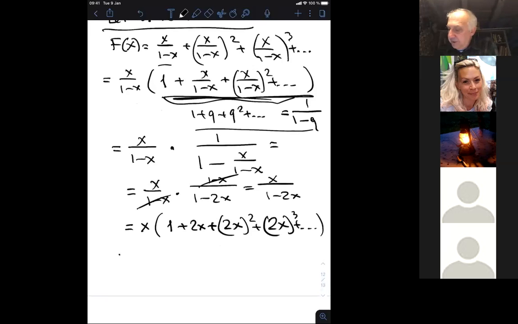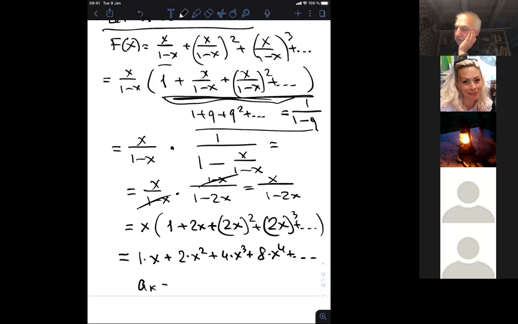So the coefficient in front of x to the power k would be 2 to the power k minus 1. So 1 times x plus 2 times x squared plus 4 times x cubed plus 8 times x to the 4th, plus and so on. In other words, a_n equals 2 to the power n minus 1. And that's exactly what we wanted to show.